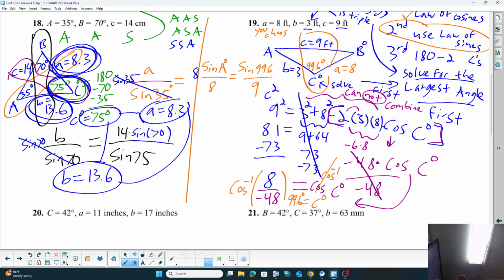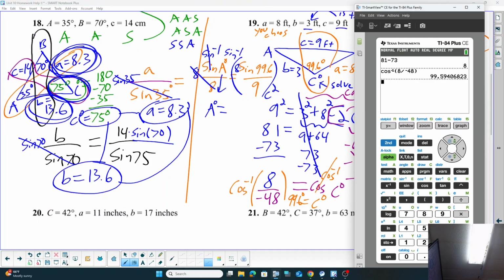So now I have to solve for A. We're going to multiply by 8 over to this side, and then we're going to inverse sine this whole thing. And that's going to give us what A equals. So plug that into your calculator now.